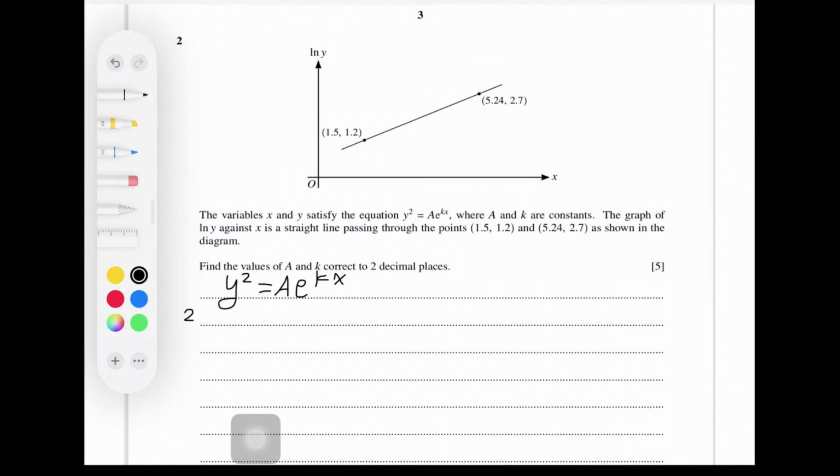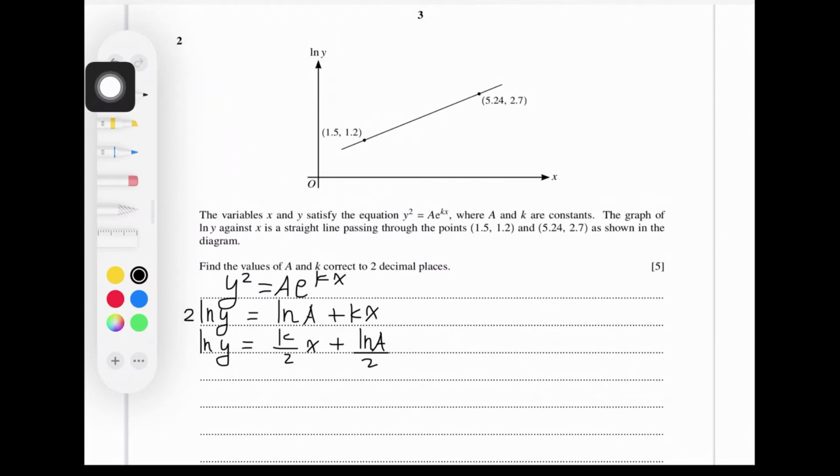We'll have 2 ln y is equal to ln a plus kx, and then we move 2 to the right hand side of the equation and rearrange a little bit. Ln y is equal to k over 2 x plus ln a divided by 2.